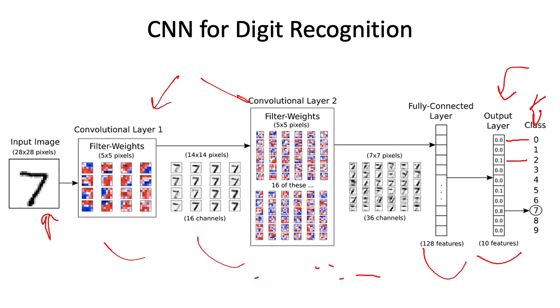The probability that it belongs to class 5 is 0.1. The probability that it belongs to class 7 is 0.8. We pick the maximum probability, and therefore the predicted class will be class 7. And indeed, you can see that this input image has the digit 7 in it.